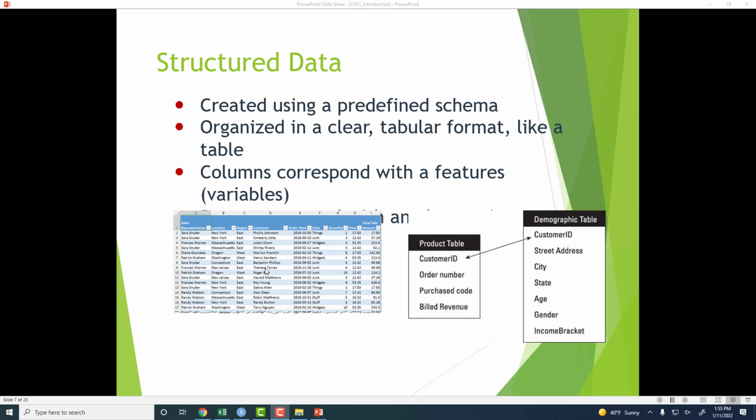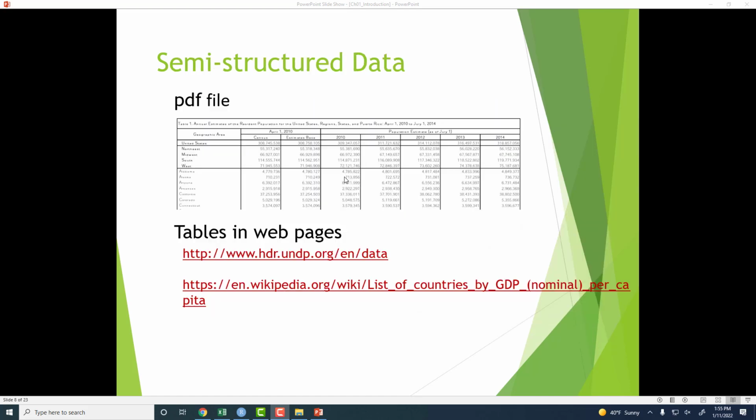So here are some examples of structured data. So here is a database, okay, and then you have semi-structured data. So you have a PDF file. So here I have given a couple of links that you can check out. Okay, so where we have PDF data. So now here you have population data, annual estimates of some kind of population.